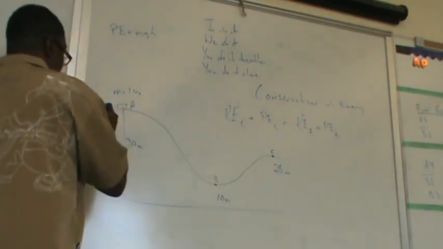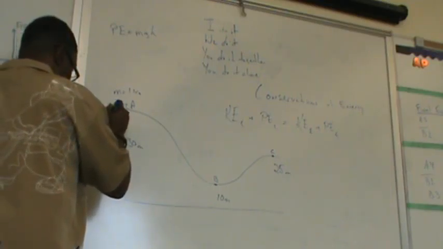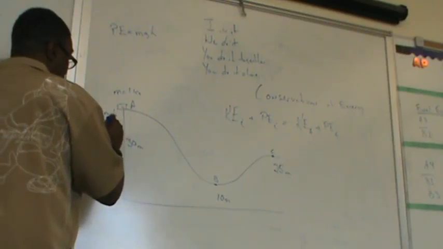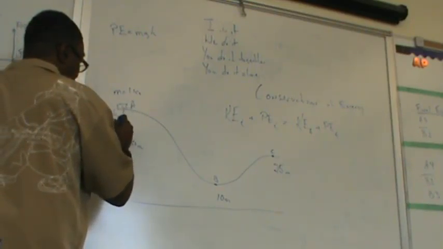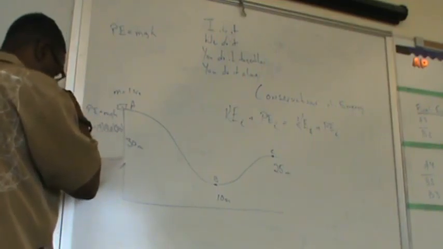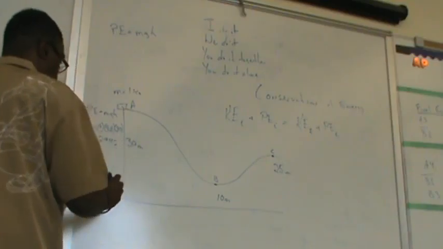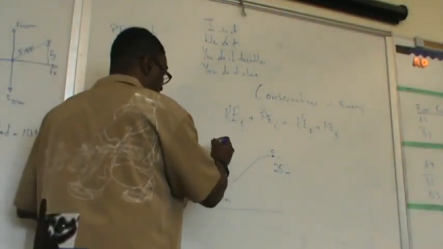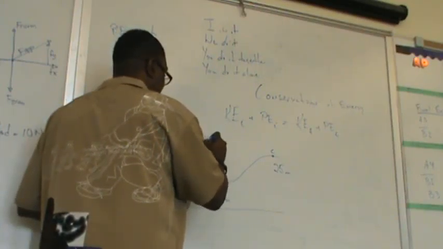So for point A, potential energy is equal to mgh, always write that down. The mass is 1, the acceleration due to gravity is 9.8, and the height is 30. And that's going to equal 294 joules. We do the same thing for point B. PE equals mgh.